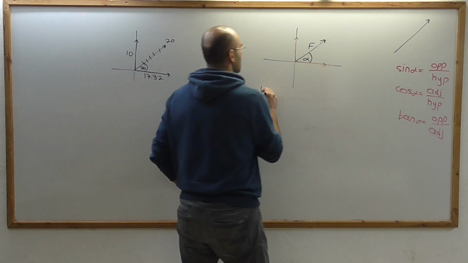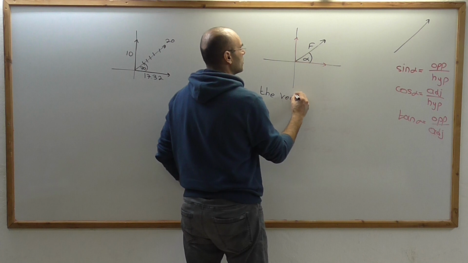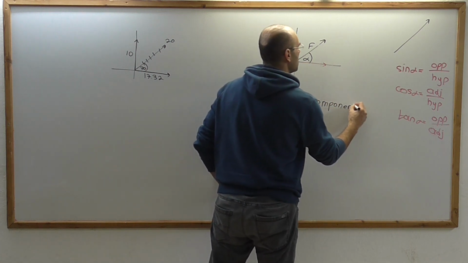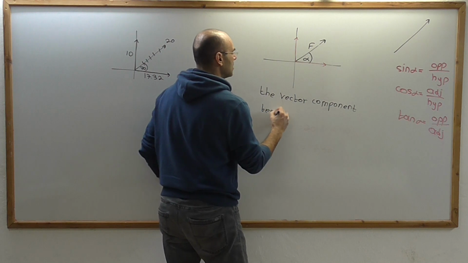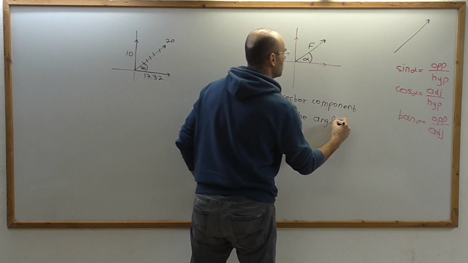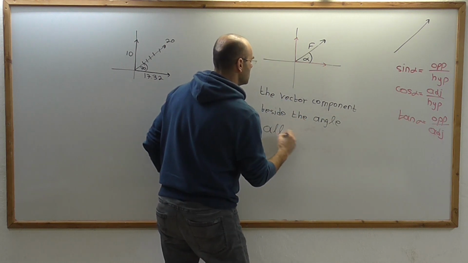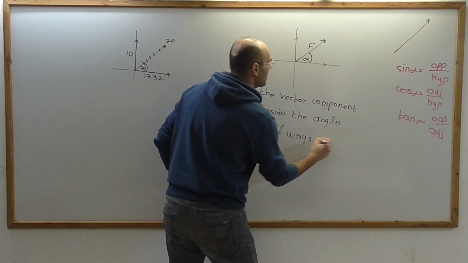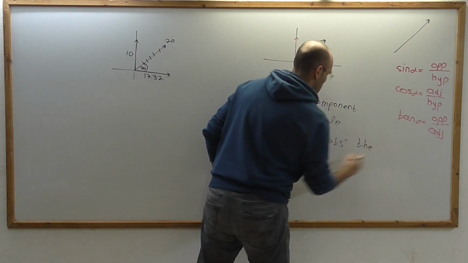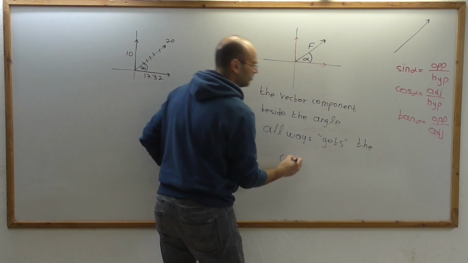Let's write it. The vector component beside the angle always gets the cosine.